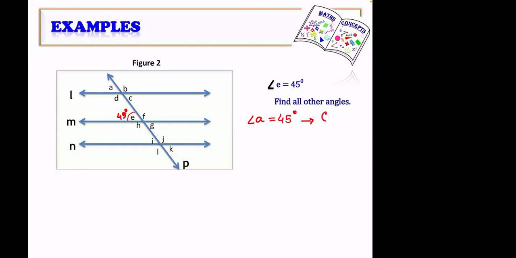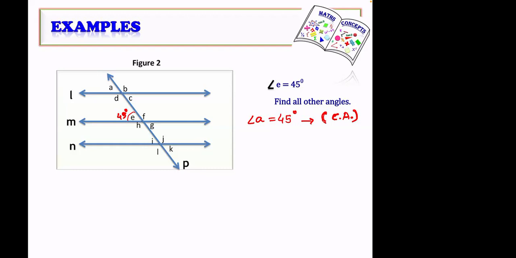Both of them are corresponding angles, angle E and angle A. The reason is because both of them are corresponding angles. Angle A is the same as angle E because angle A is the corresponding angle of angle E. The reason would be corresponding angles.